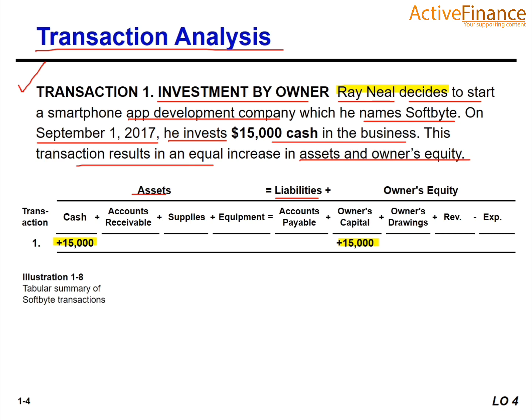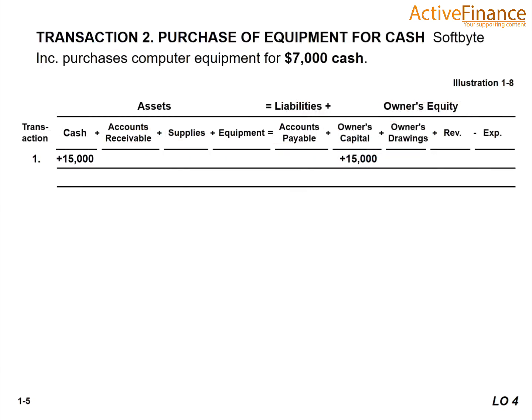Now the second transaction: purchase of equipment for cash. SoftBite Incorporated purchases computer equipment for $7,000 in cash. SoftBite has purchased one computer for the company.